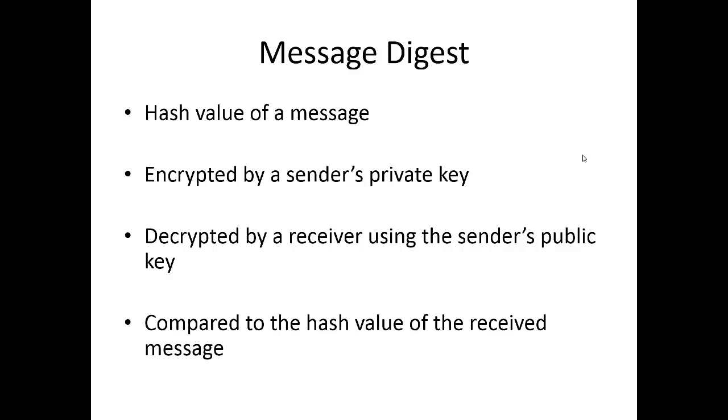And then finally, you compare the received message digest, the decrypted version, with the message digest of the received message, and if they match, that means the message hasn't been changed during the trip between the sender and the receiver. So this is how you can make sure of the integrity of the message.